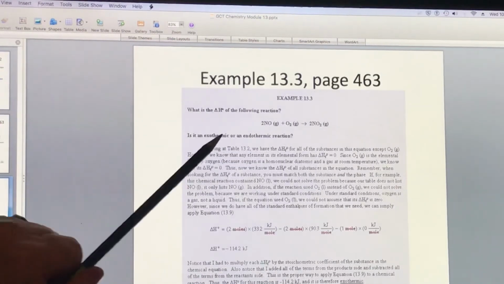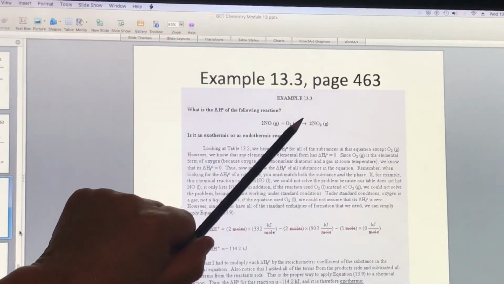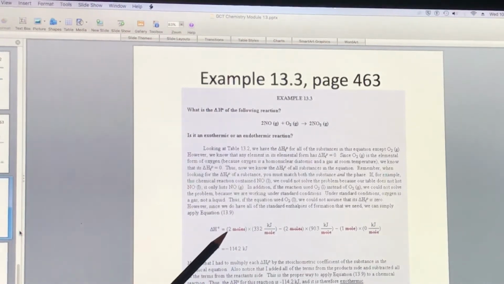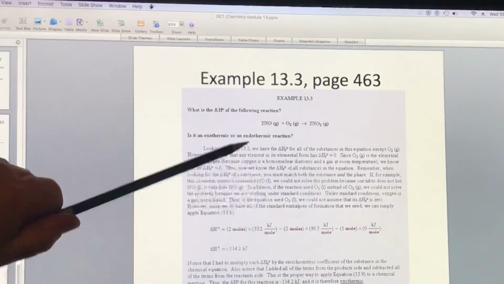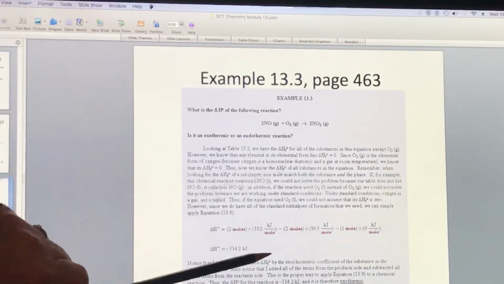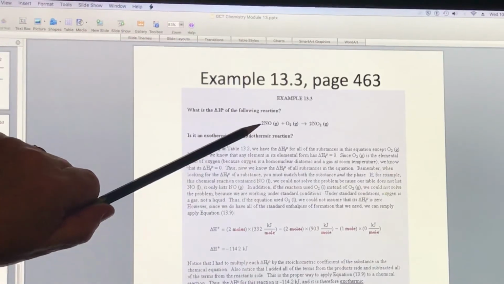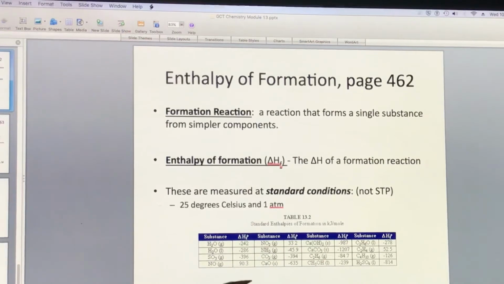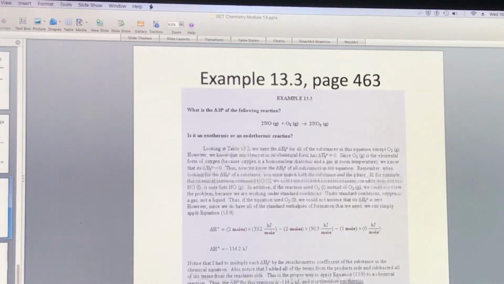Then you have 2 as your stoichiometric coefficient, so it's going to be 2 times 33.2, and that gives our value for the products. Then you're going to start working with the reactants, right? You have NO, nitrogen monoxide. We'll find that on the chart. It's right here, 90.3.